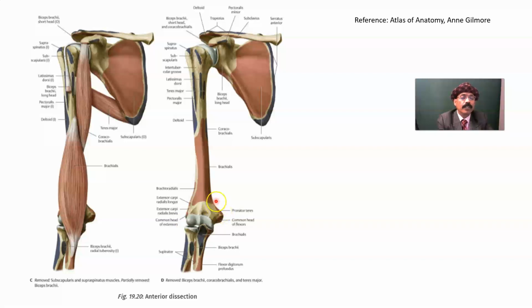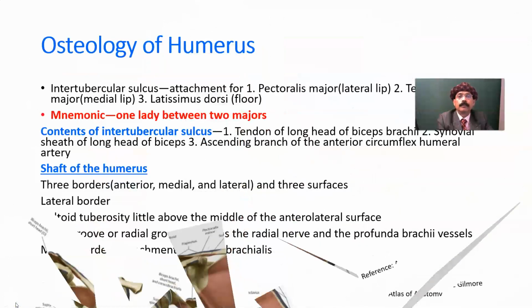This is the medial supracondylar ridge, this is the lateral supracondylar ridge. This is the trochlea, the capitulum, the coronoid fossa, and the radial fossa.